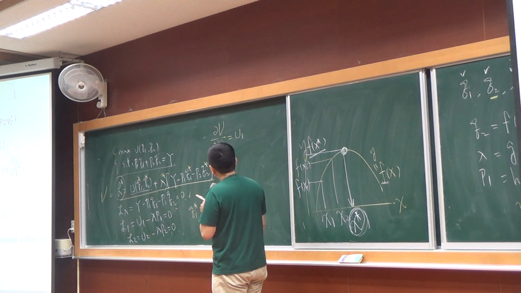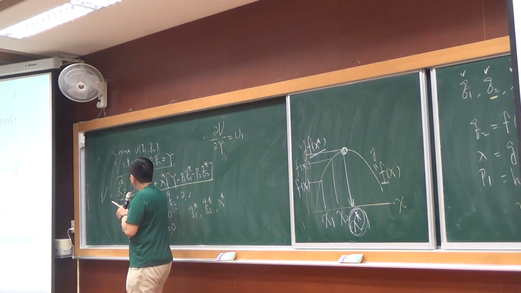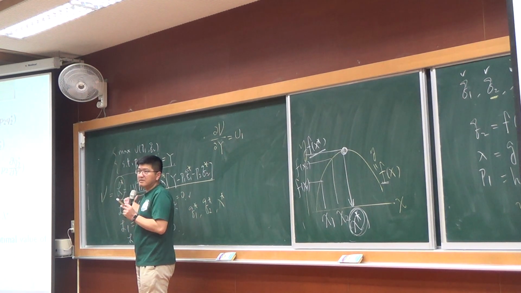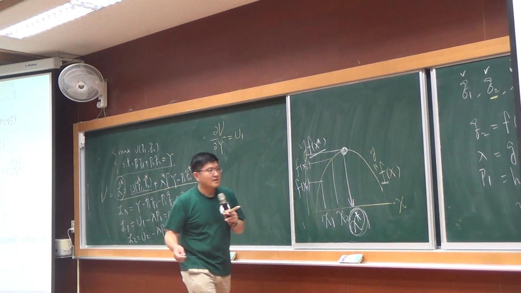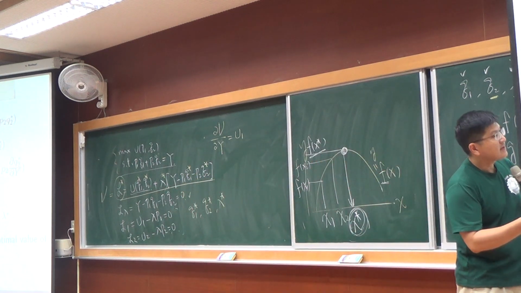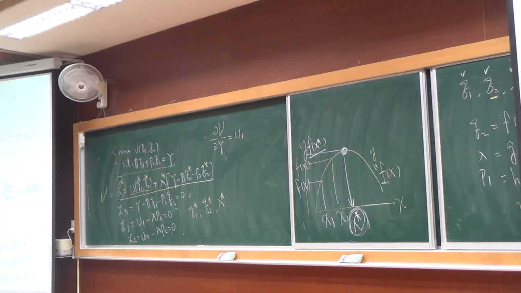And why is there a u1? U is a function of q1 star, q2 star. I don't see any y here, do I? Do I see any y here? We don't see it, right? But don't forget, q1, q2 is actually a function of p1, p2, and y.